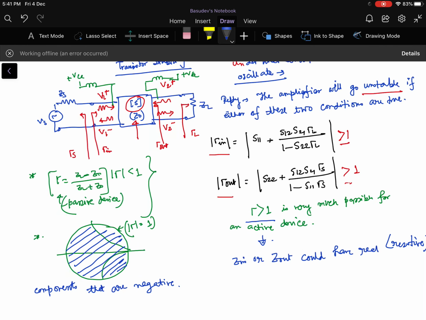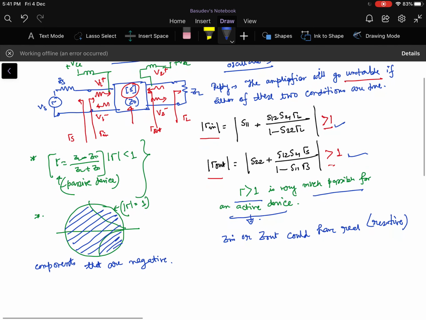The moment I am discussing instability, it means greater than 1, and the moment it is going greater than 1, you may wonder why it is happening. Because it is an active device, you are taking energy from the DC, and it may go greater than 1, the circuit may break into oscillation, and at that time you will get a reflection coefficient greater than 1, meaning we have an input impedance and output impedance which may go real but negative in value.